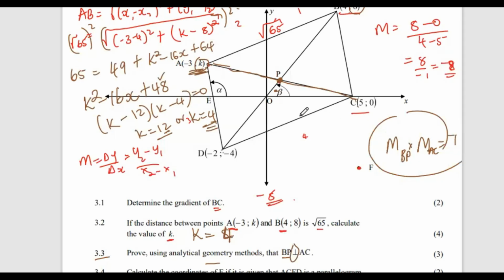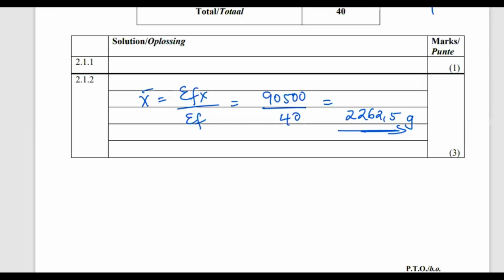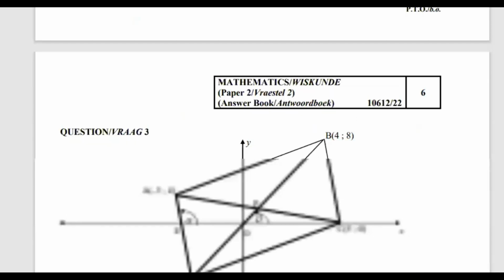Okay. So what I'm going to do, just gonna move this side and say that the gradient of AB, is it AB or BP? Say the gradient of BD, let me use BD.